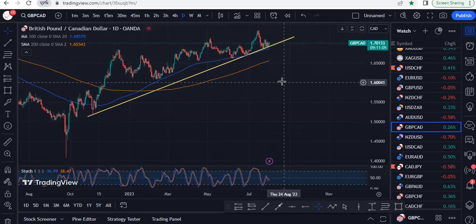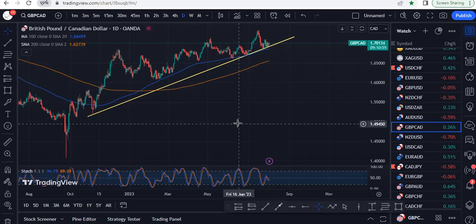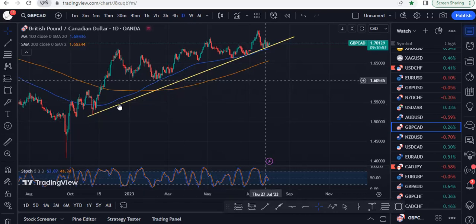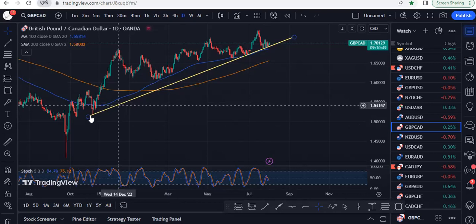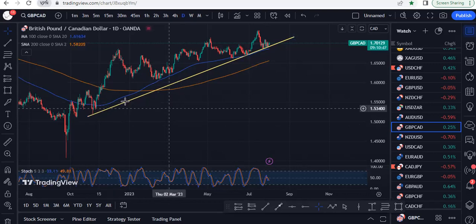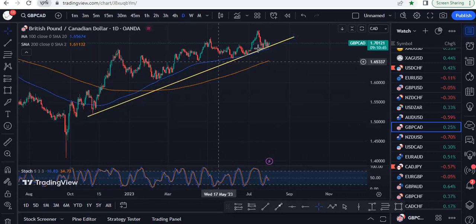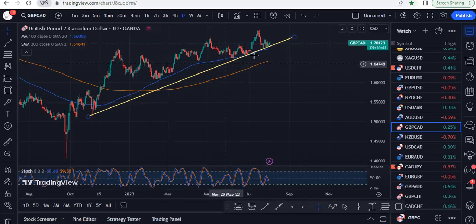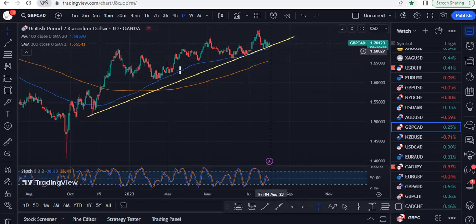Okay, I want to continue about this. GBP CAD. As you see, guys, here, I had a very beautiful trend line which touched from here and here, and also supported by a moving average, which I always recommend.